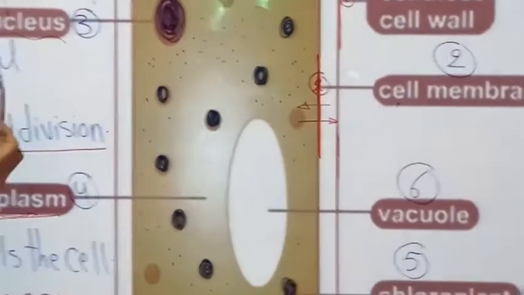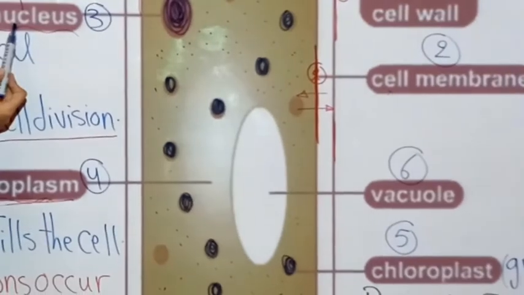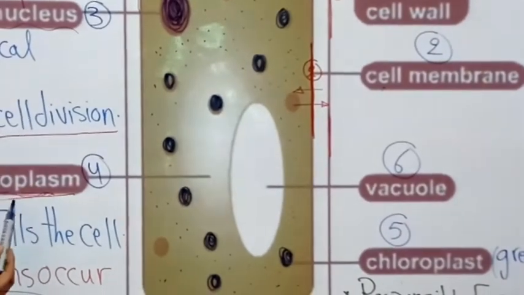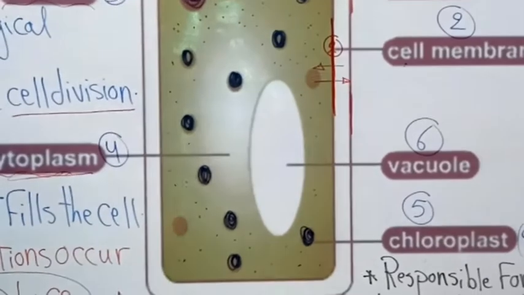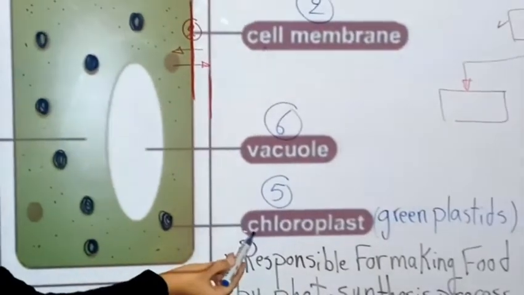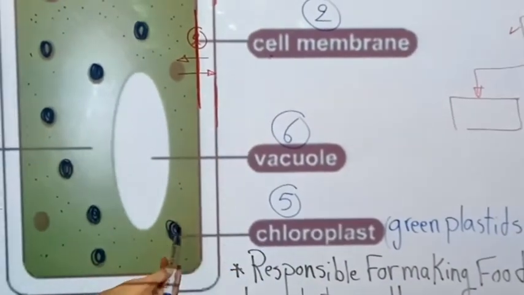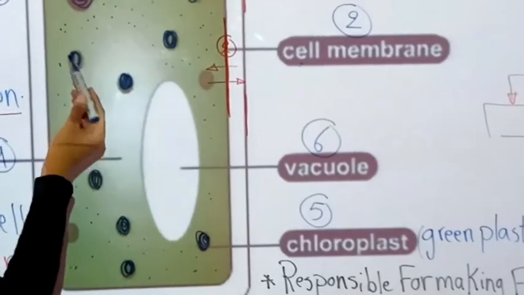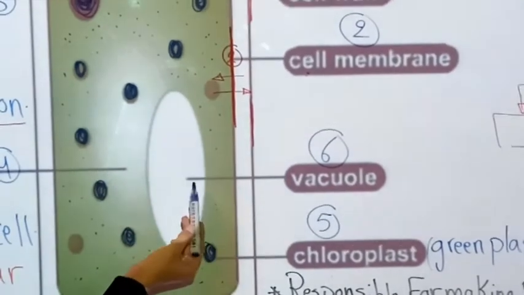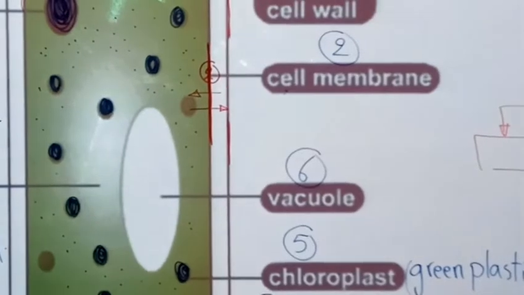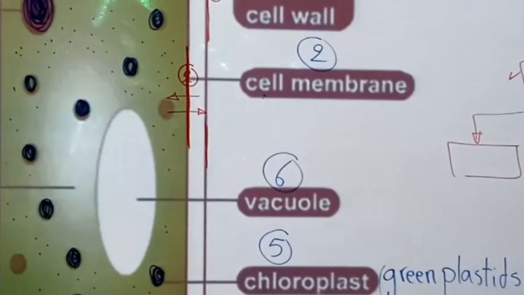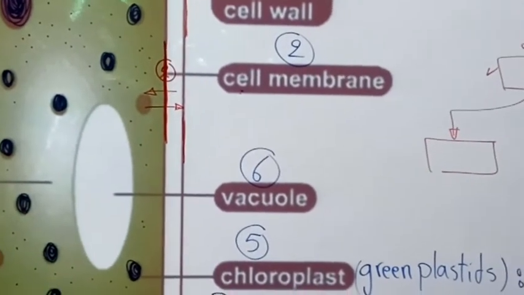Number 3, the nucleus. Number 4, the cytoplasm inside the cell, and the chloroplasts or green plastids, and the last component is the vacuole in the plant cell.